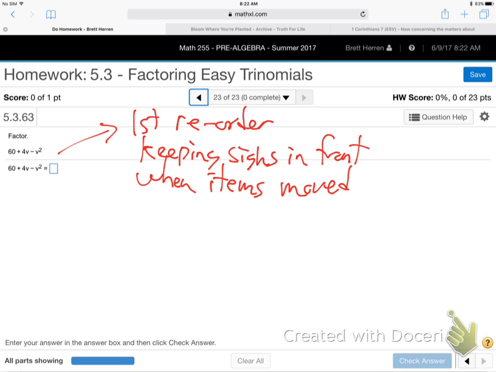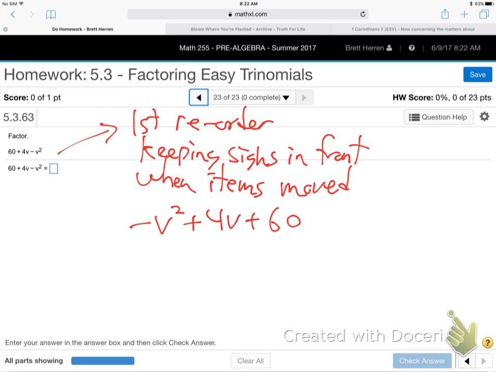Whenever you reorder things, you take their baby with them, the sign that's in front of them, minus or plus, goes with them when they move around. So when I reorder these, it's going to be minus v squared plus 4v plus 60.